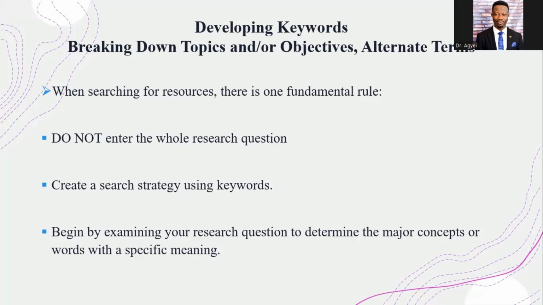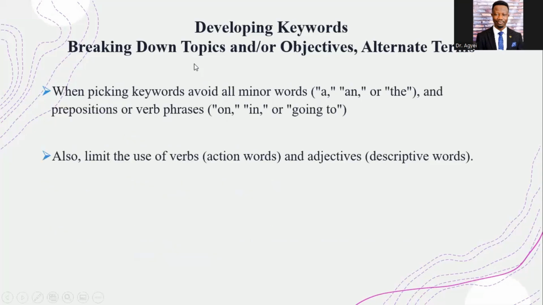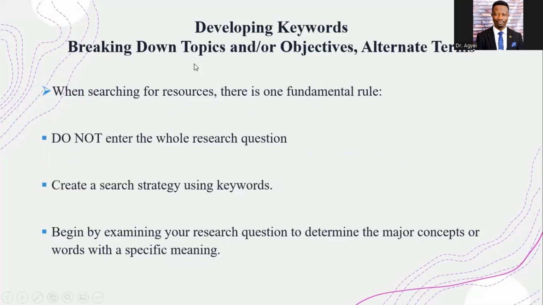Do you need to type in the whole research question into the browser? Most of the time, we use Google Chrome or whatever web browser to search for information. But the thing is that with some browsers or some databases, the normal search that we use, you cannot get the materials you are looking for.